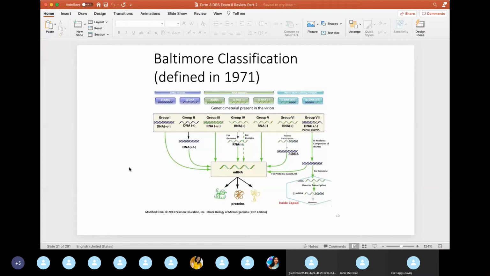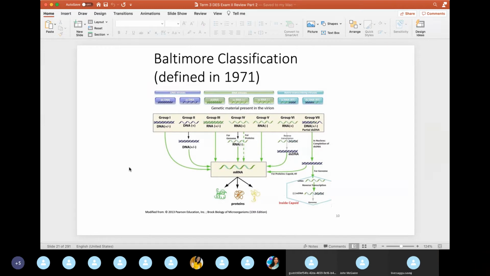So let's go. Group 1, double-stranded DNA. If you have double-stranded DNA, it goes directly to mRNA and then to proteins. Group 2, DNA, positive strand, right? Group 3, double-stranded RNA.